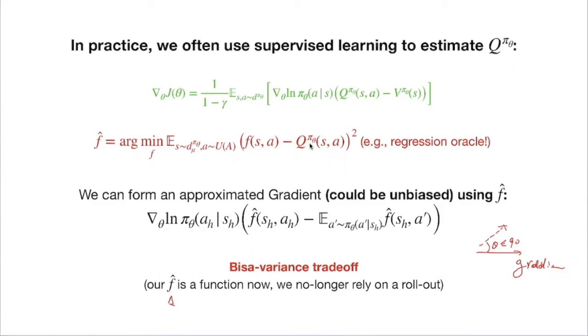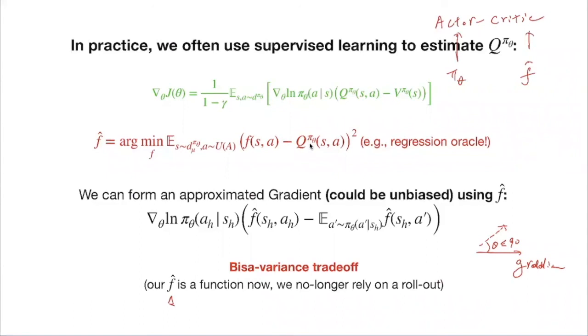All right, so there are many variants of the way we do the gradient estimation using function approximation, right? So this approach, people often call it actor-critic. I don't know why this is called actor-critic. So actor means your policy pi theta, critic means your estimate F hat, right?